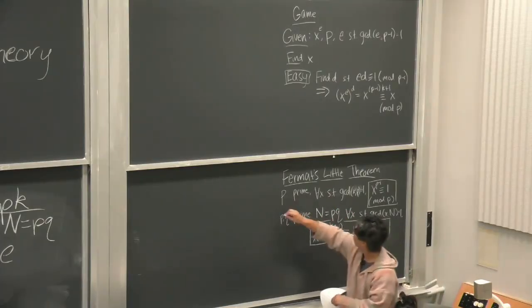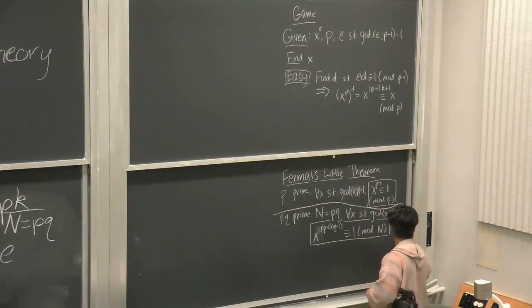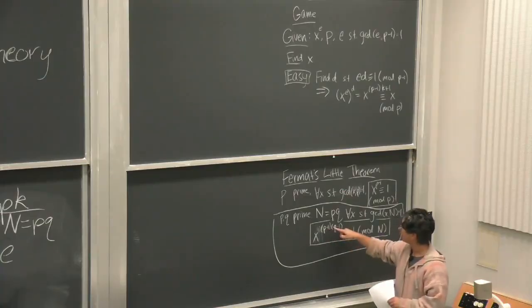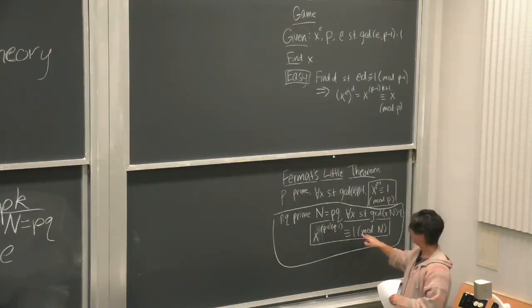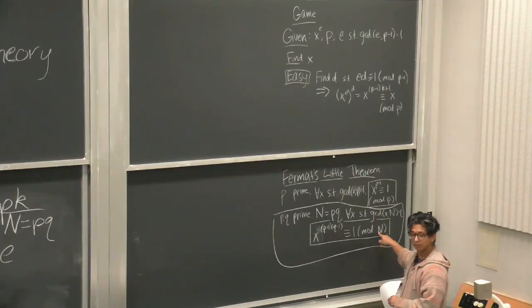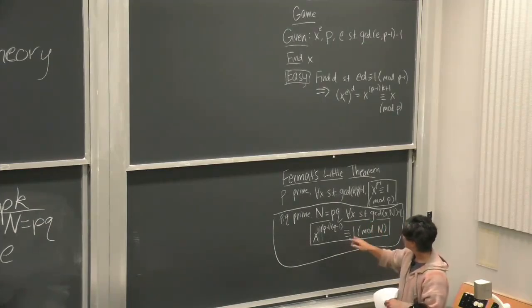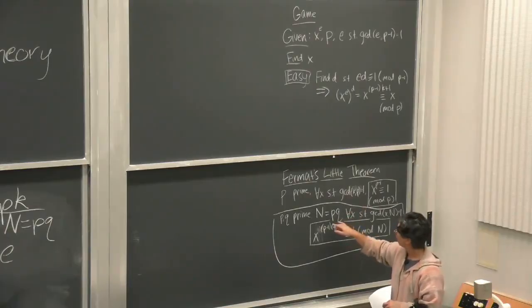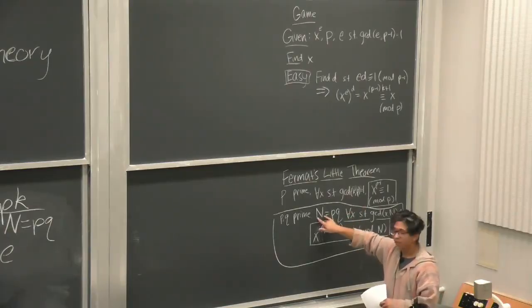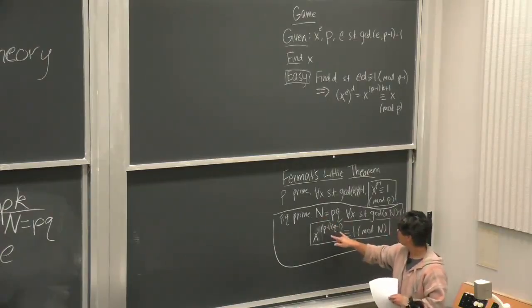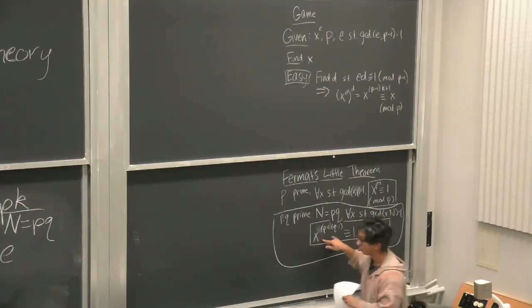So there's two theorems here. There's Fermat's little theorem, and then there's x to the p minus 1 times q minus 1 is congruent to 1 mod n. We went over this last time, and it's a special case: if you have more than 2 prime factors, you have to write a whole new thing. But for just 2 prime factors, we know that this is the new Fermat's little theorem.